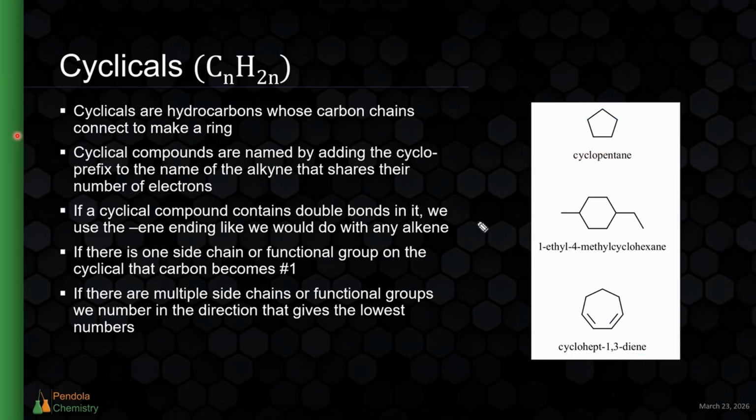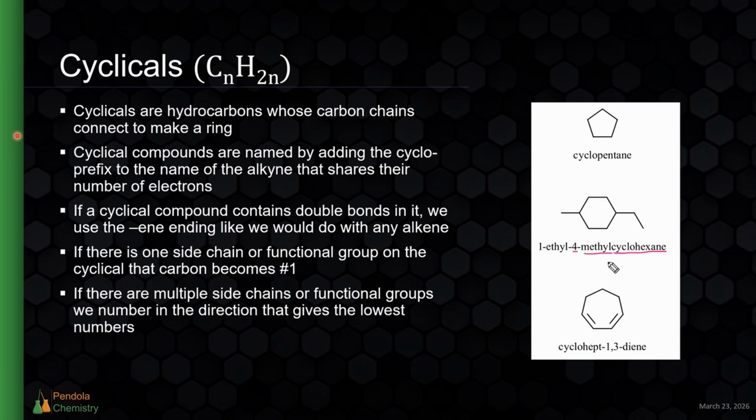So if we look at this one right here, again, very similarly, the cyclo part of the name tells us that it's cyclical. Cyclohexane tells us that it's a 6-carbon cyclical alkane, so 6 carbons in a ring, all single bonded, so it's a hexagon.